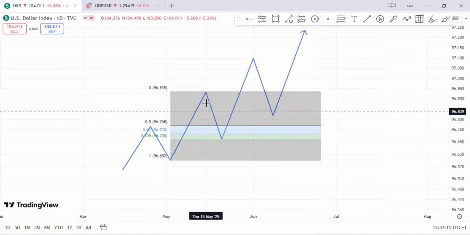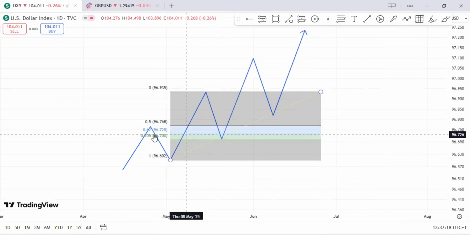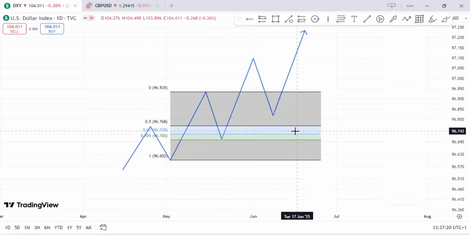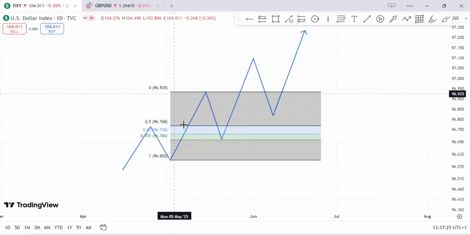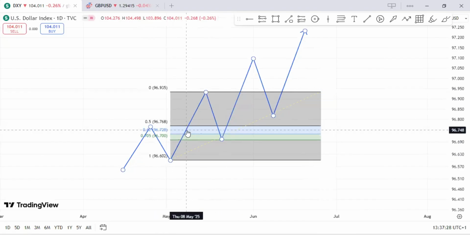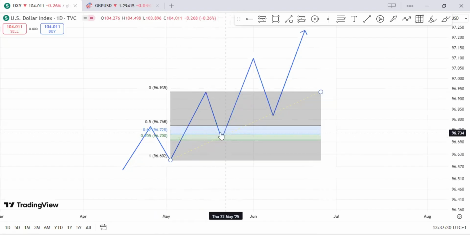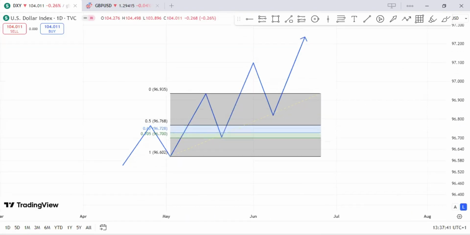Then we want the market to retrace into either the 0.62, which is OTE1, or 0.705, which is your OTE2. When the market retraces into either OTE1 or OTE2, you're going to see a reversal pattern that will push price higher. So this is the strategy I showed you guys the last time.